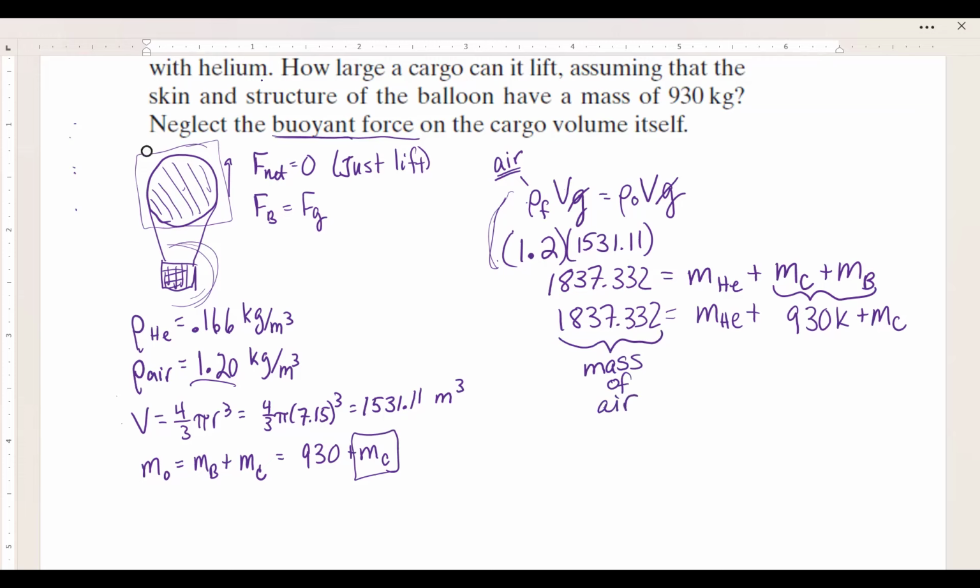Now, the balloon itself, its mass is going to be the mass of the helium inside this balloon, plus the mass of the balloon itself, which is part of what I'm trying to figure out. So this is the density of helium times the volume. This is the balloon itself. And this is the extra cargo.